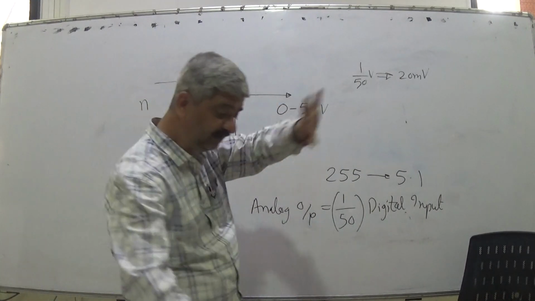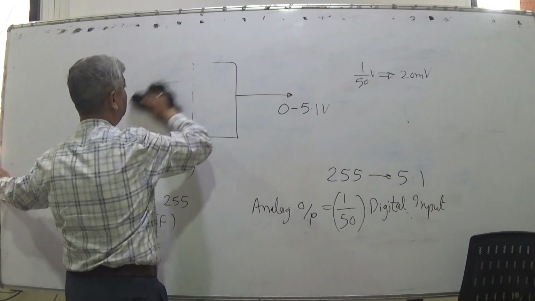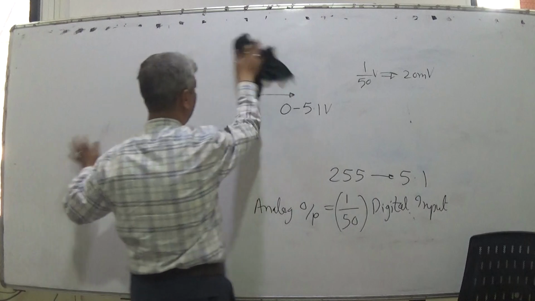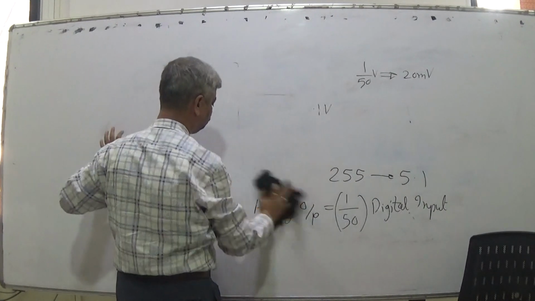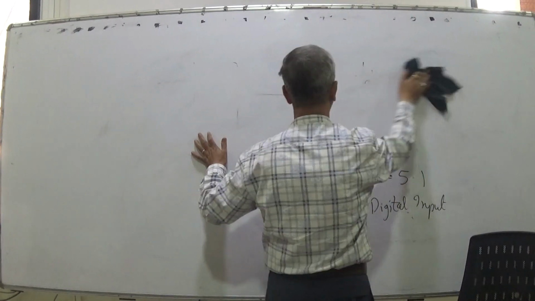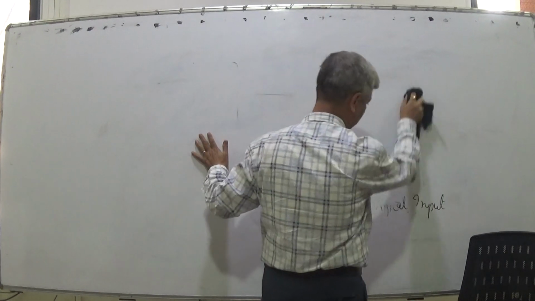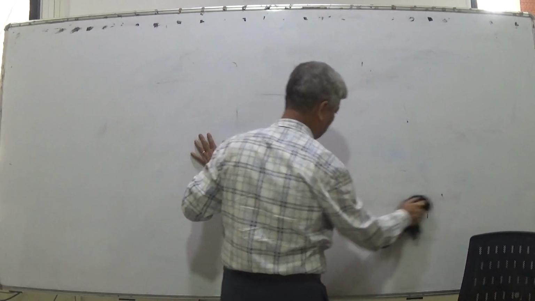So in general, in a microprocessor or Arduino based system, the ADC is part of the microcontroller, that is different.